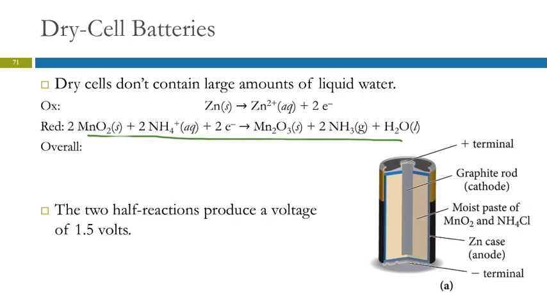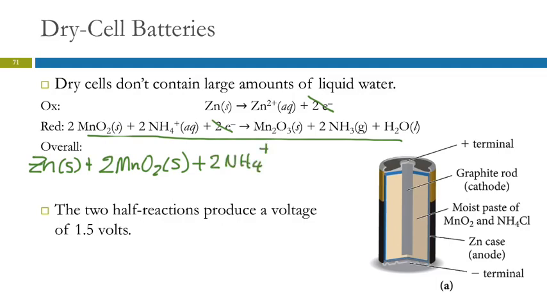So these are all set up so that we've got our electrons equal in number. And then we can look for other common ions, but there aren't any. So we've got zinc metal, and manganese 2 oxide, and ammonium ion.